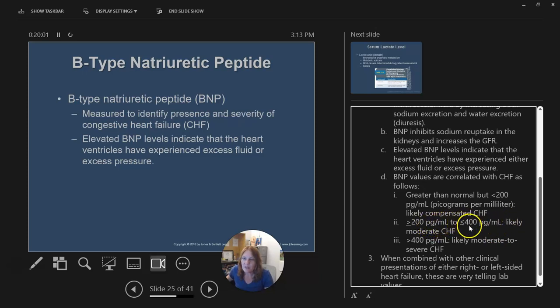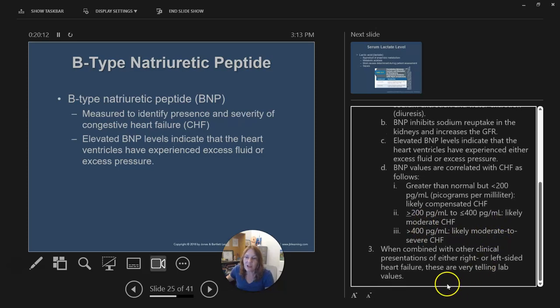Greater than 200, but not quite to the 400 range, that means we have moderate CHF. So 200 to 400, moderate. And then anything above 400, we are in the moderate to severe CHF. When this is combined with other clinical presentations of either right or left-sided heart failure, these are very telling lab values.